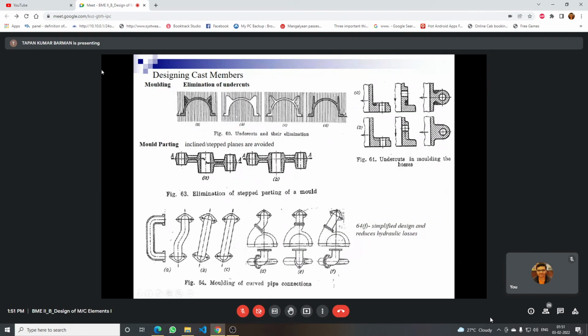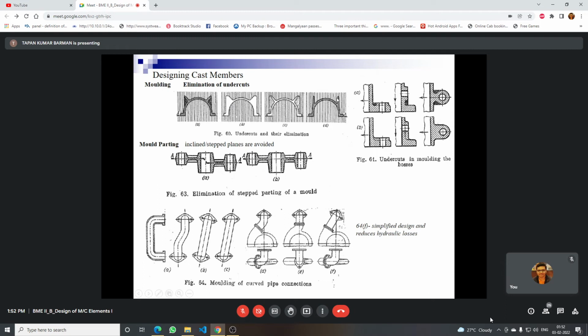Yes sir, you can find this thing, elimination of undercuts. So this figure is basically with undercuts. Now we have to make the design in a way so that these undercuts can be avoided. You see this figure. If design permits, we may change the position of this extended part to this one.